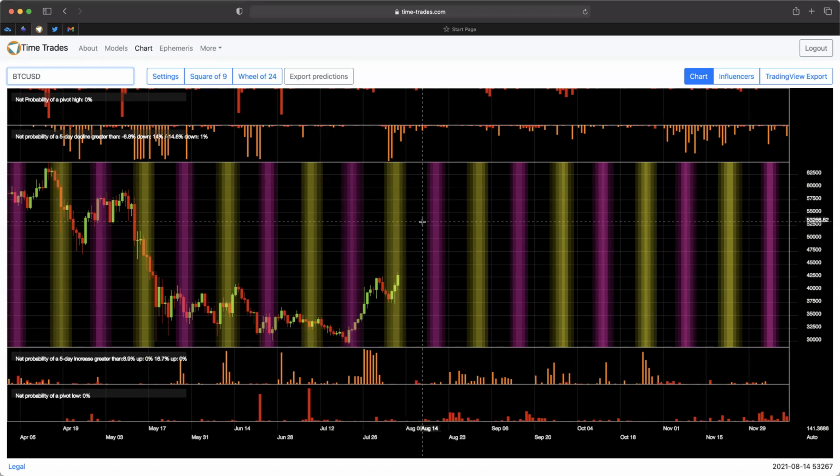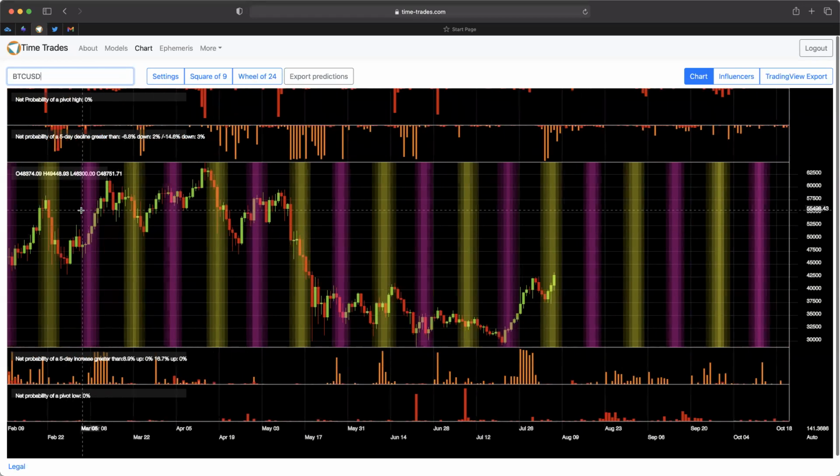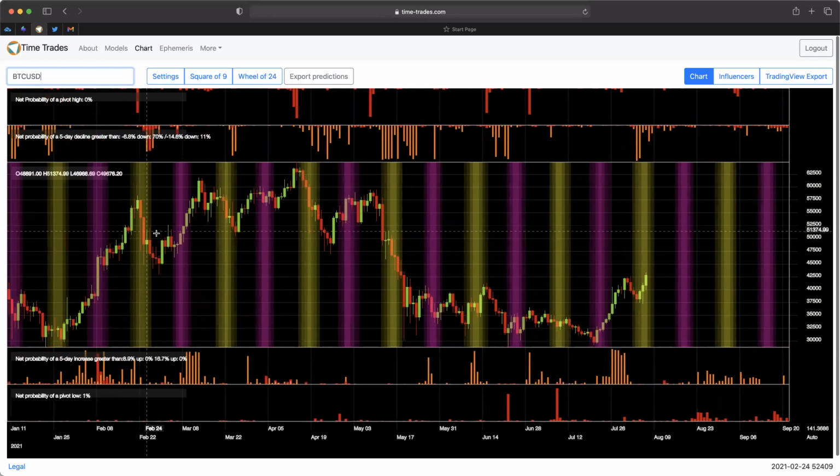Now, one of the things we see in Time Trades is basically there's a new regime in town. So when you take a look at the GAN wave periods, the time leading up to the May dump had a lot of price corrections during the yellow period here, okay?